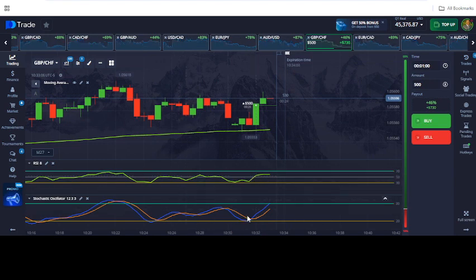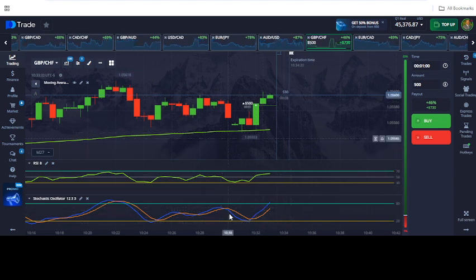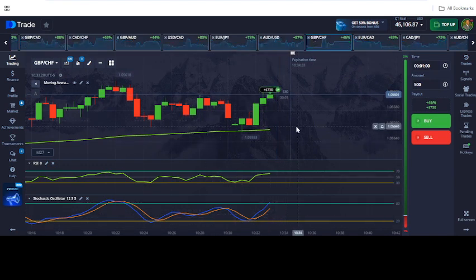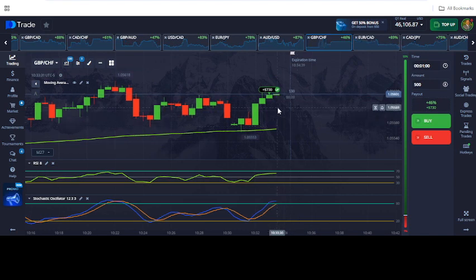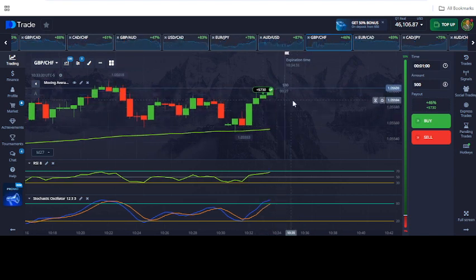And thirdly, we have the stochastic oscillator K line crossing over the D line here. So we have these three confirmations and confluences which suggest a bullish trade over the next 60 seconds, and we're in the money on that one.